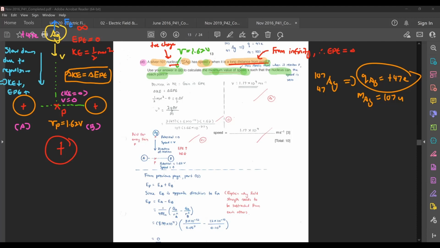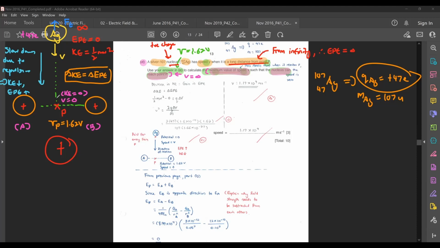Because you read the question, they want the minimum speed V such that the nucleus can reach point P. So when you see this phrase, it already tells you that the V must be 0 at point P. Because as your object moves from infinity towards point P, it's slowing down, isn't it?